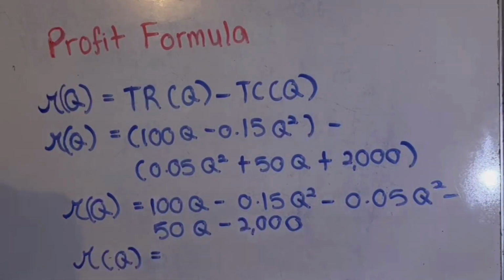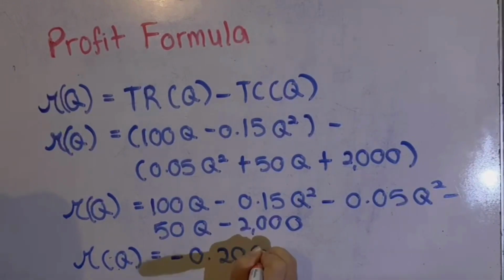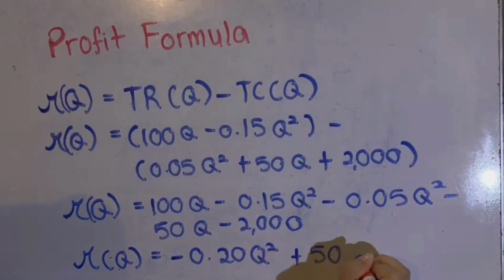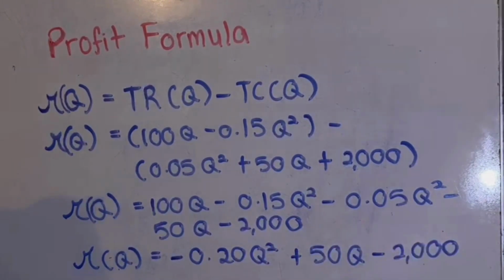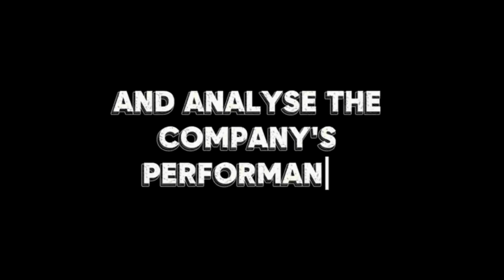After simplifying the equation, the profit function becomes minus 0.20Q squared plus 50Q minus 2000. This profit function will then be used in Microsoft Excel to plot the profit curve and analyze the company's performance.